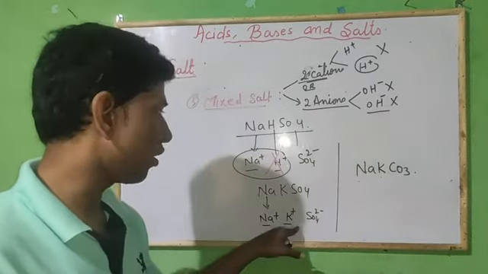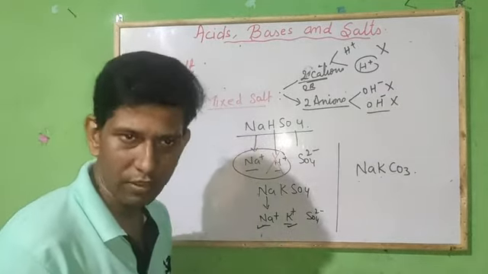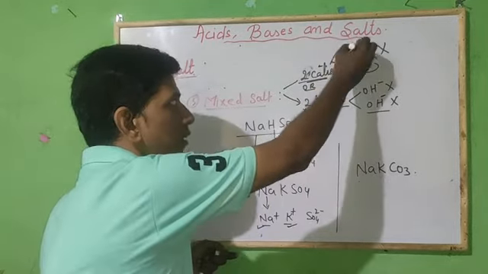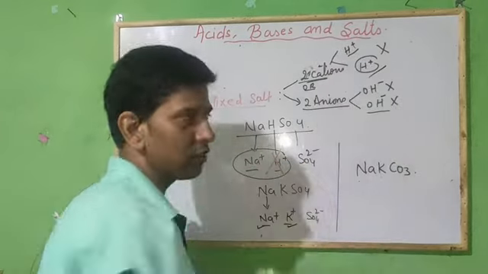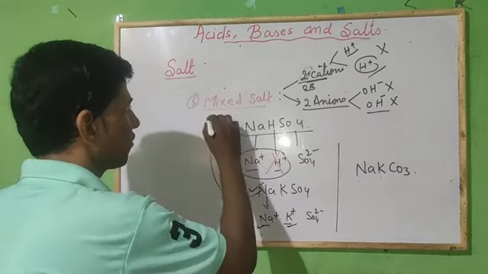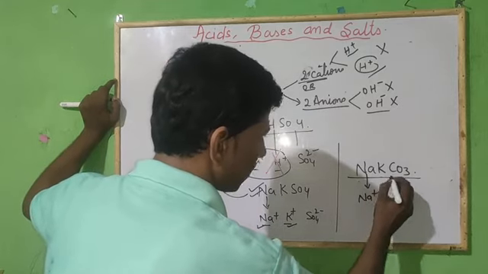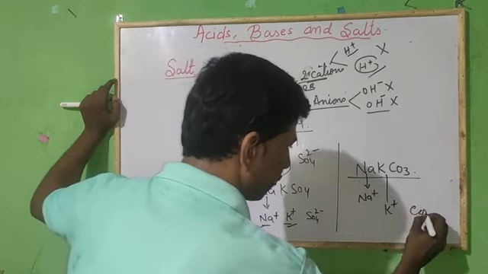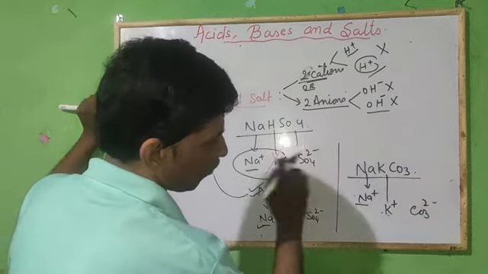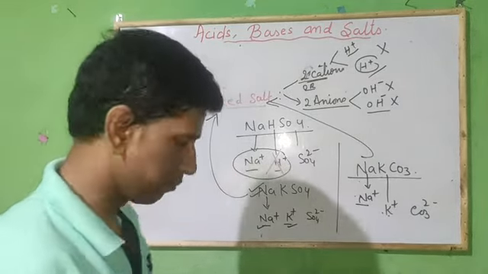The first one is the sodium ion and the second one is the potassium ion. So it is satisfying both conditions. That is why this is a mixed salt. It has Na plus, K plus, and carbonate ion, so two cations are there but H plus is not there. So it is also a mixed salt. Clear? Keep the condition in your mind.